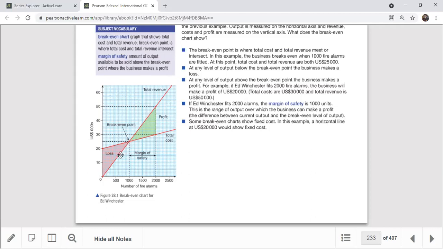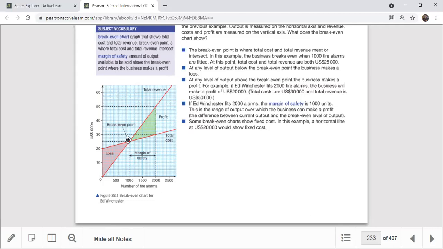The chart is what we are drawing, showing the total cost and total revenue, and the break-even point is the intersection point of the total revenue and total cost. So it's an easy definition, two sentences. In the first sentence, they say what the curves are that represent total cost and total revenue. And in the second sentence, they say the break-even point is a point where the total cost and total revenue curves intersect. Right?